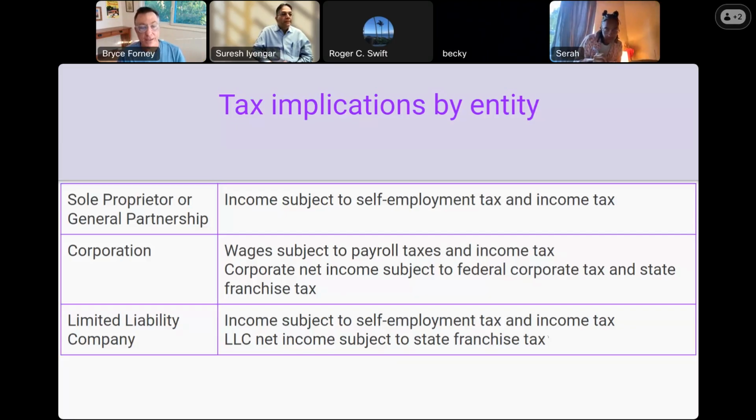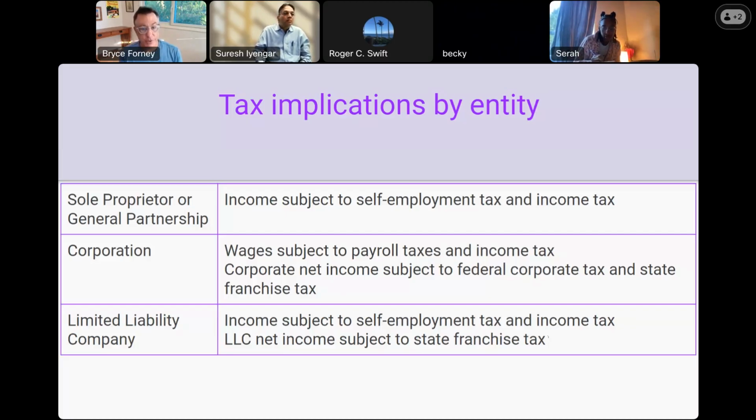And then if you're an LLC, if you're a sole owned LLC and you have not elected to file as an S Corp, then you're going to file just like a sole proprietor. There's a separate state form, and there is state franchise tax with an LLC, but it's very similar to a sole proprietor.